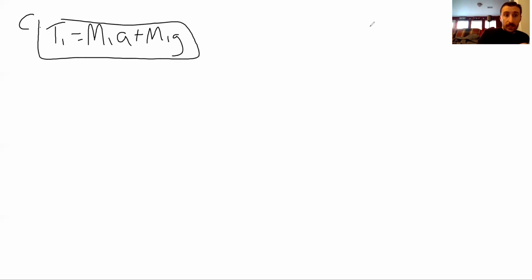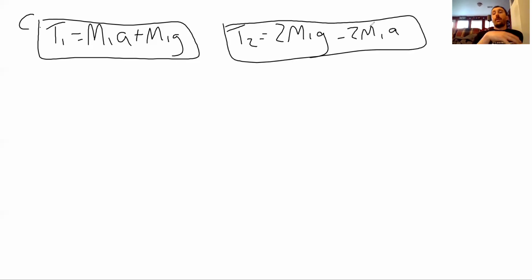So that's what T1 equals. Then I solve that other equation for T2, so I get T2 equals 2M1G minus 2M1A. So those are the two equations I had on the last screen, but instead I solved them for tension 1 and tension 2.